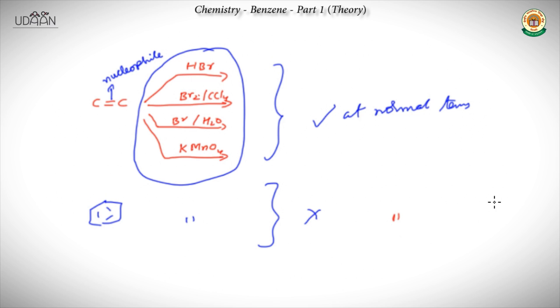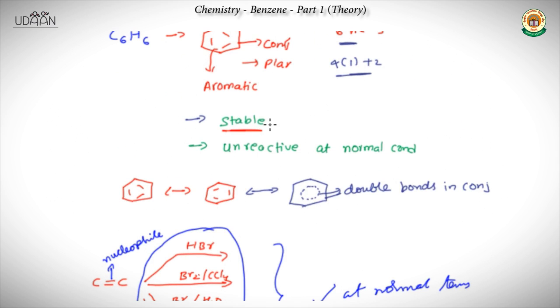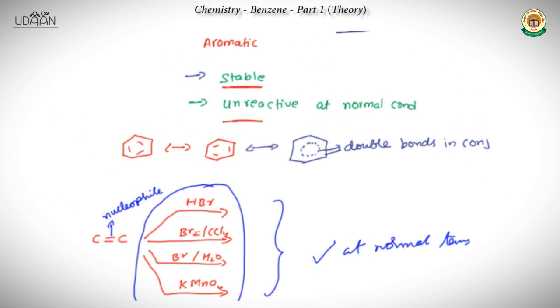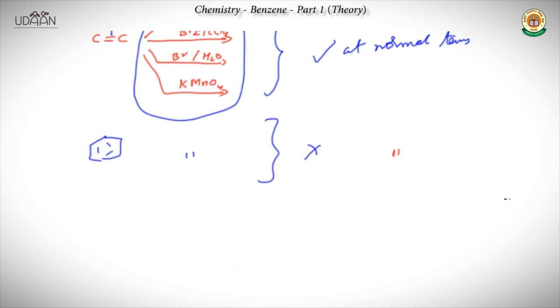This is because we were already told that because of this stability by aromaticity, it's unreactive at normal conditions. So since it is more stable, it's not going to react much. But it is reactive at high temperature.